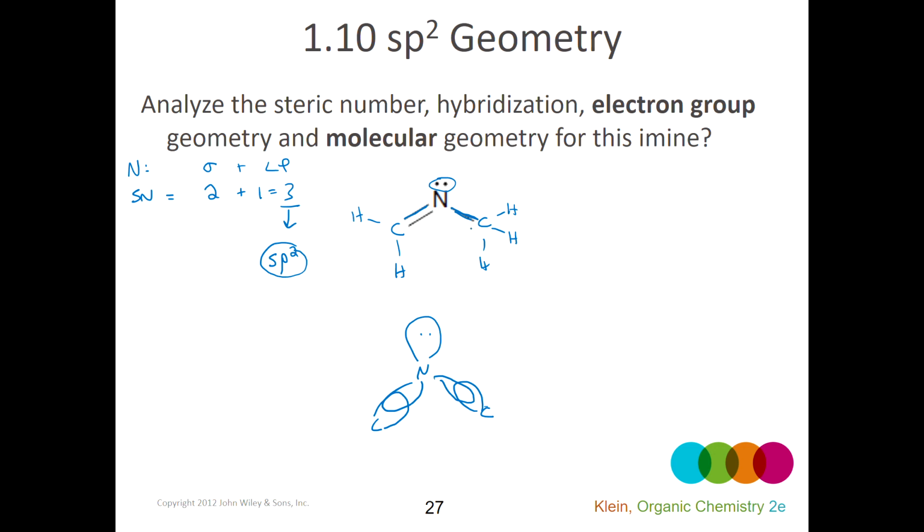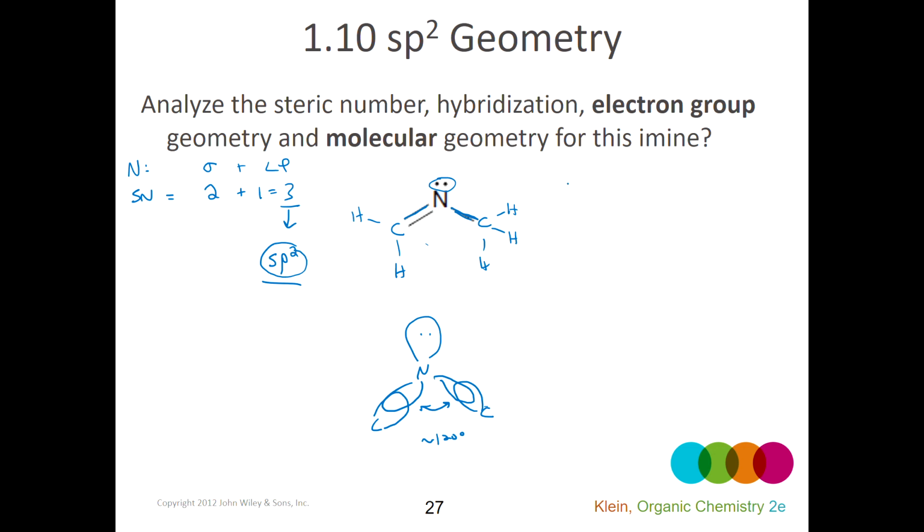But if we're looking to label the molecular geometry, if the central atom only has 2 other atoms attached to it, it's either linear or bent. And so the existence of this lone pair prevents it from being linear. The fact that it's sp2 means that the angles between all of the sp2 orbitals are roughly about 120, and so it's definitely not linear because that would require angles of 180.